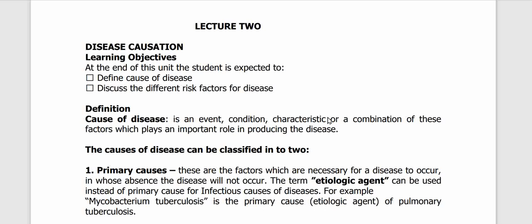So, what is the cause of disease? If a disease happens, what does it mean? The cause of disease is an event, a condition, a characteristic, or a combination of all these factors which plays an important role in producing the disease. It can be an event that happened and you get a disease.